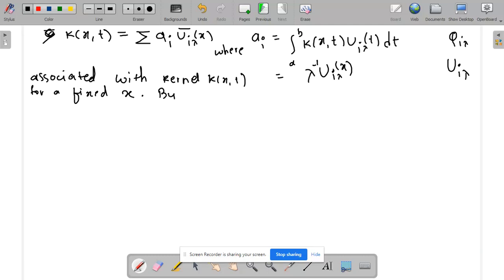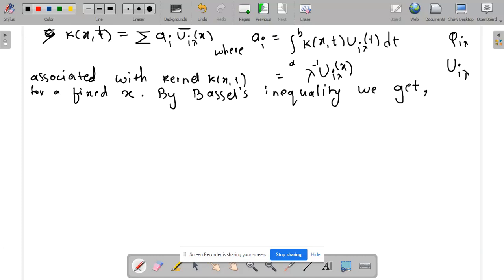Then by applying Bessel's inequality, we get, from here, what does Bessel's inequality say?